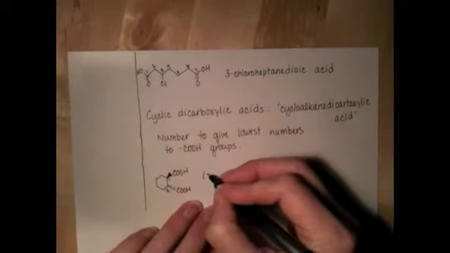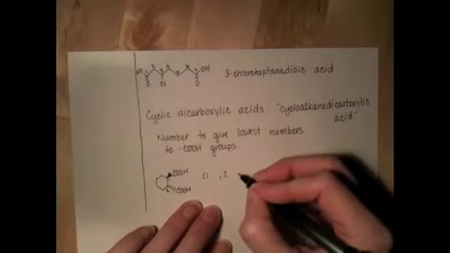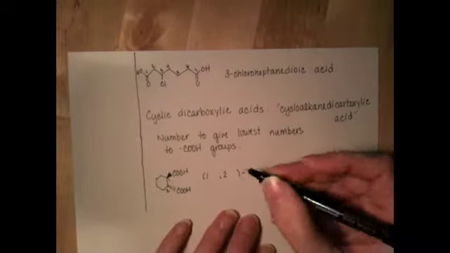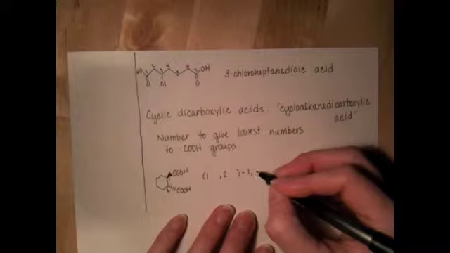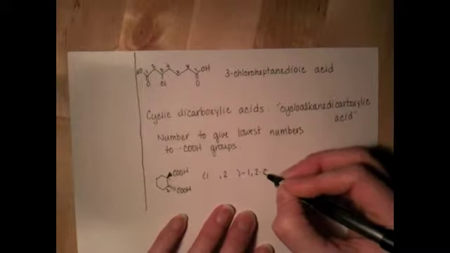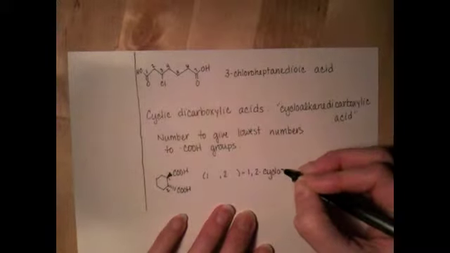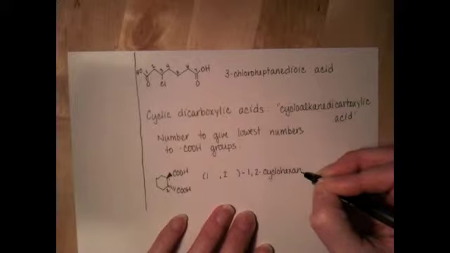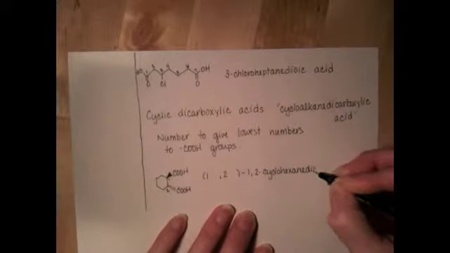We have stereochemistry here that we need to figure out for both of those carbons. And this is going to be a 1,2-cyclohexane dicarboxylic acid.